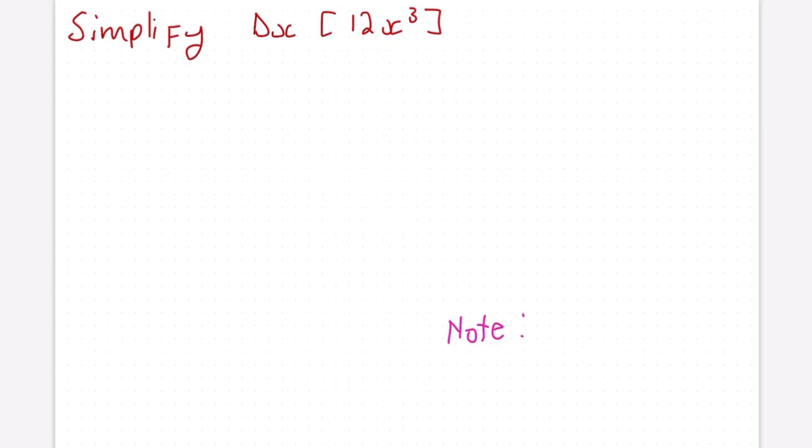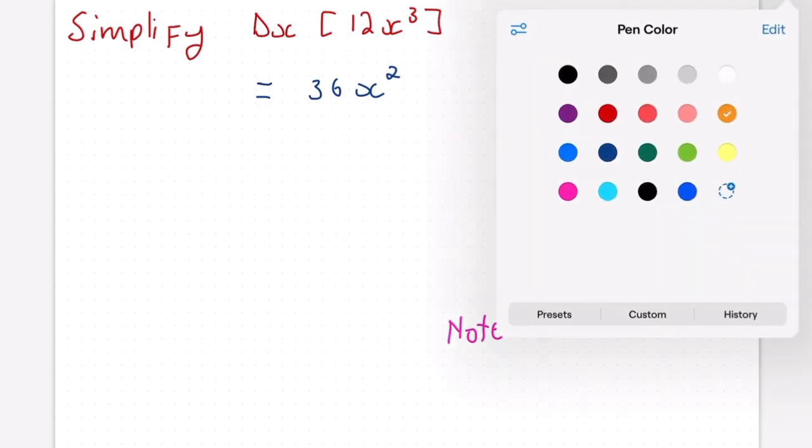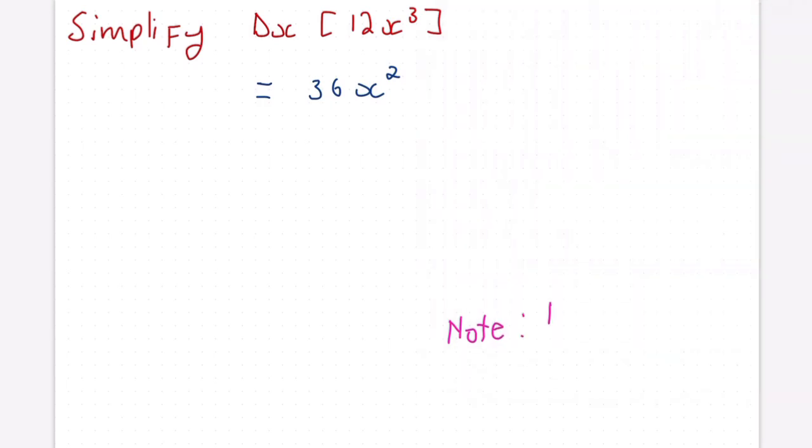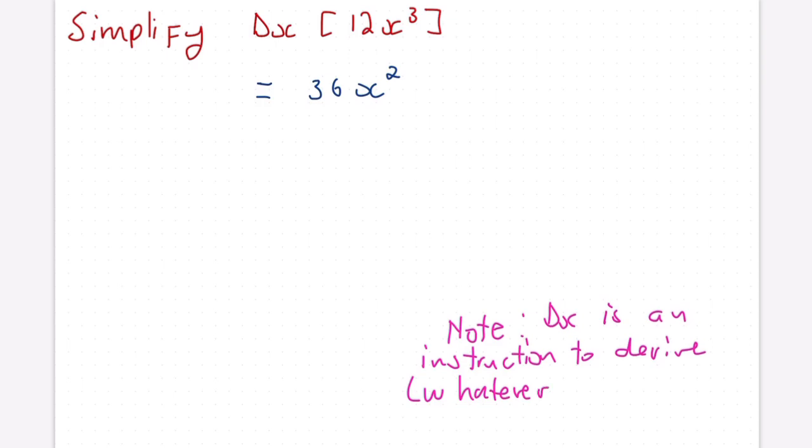And so once we are given D x of 12x to the 3, we would say that is equal to 36x to the power of 2. So we note here that D x is an instruction to derive whatever is in the brackets.